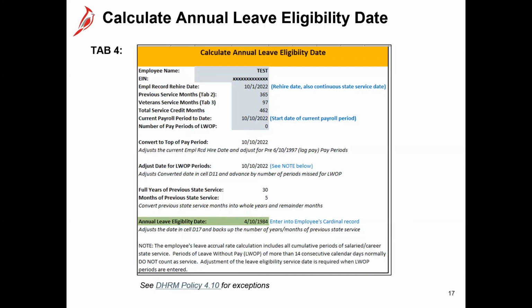This tab of the calculator has been changed to incorporate the separation of those 2 fields. Okay. You can use this tool to determine the annual leave eligibility date, as well as confirm any existing annual leave eligibility date that has been added to the employee's job record. Okay, it automatically adjusts that date.